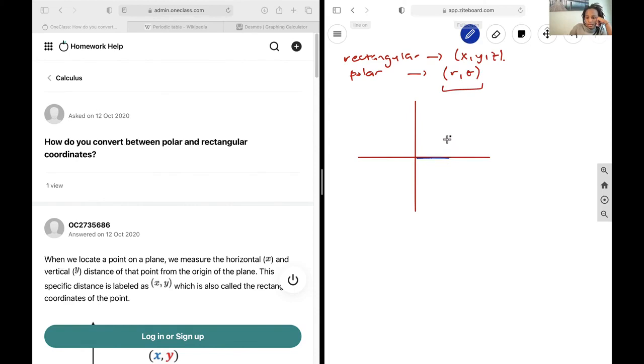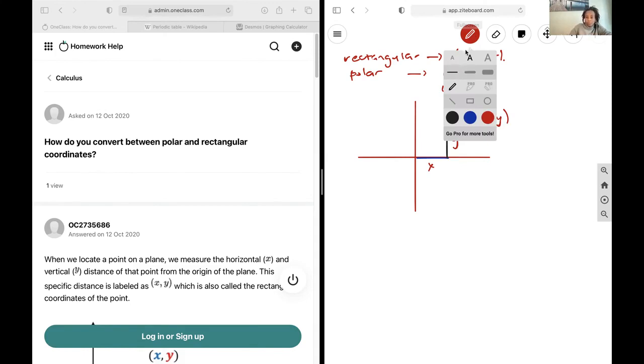So if I have whatever point, I travel on the x-axis and I travel on the y-axis to reach my point. And so if I identify the point in red, I would say that that point is located at whatever distance it traveled on the x-axis and whatever distance it traveled on the y-axis.